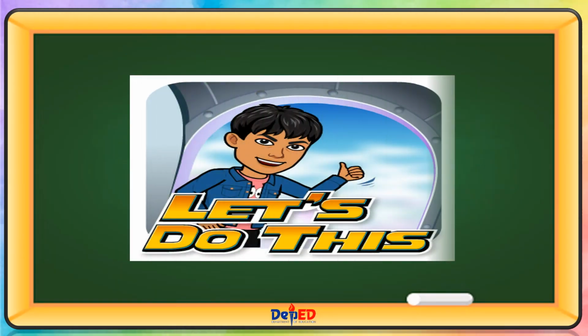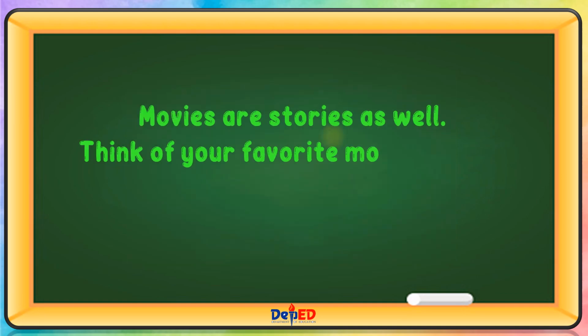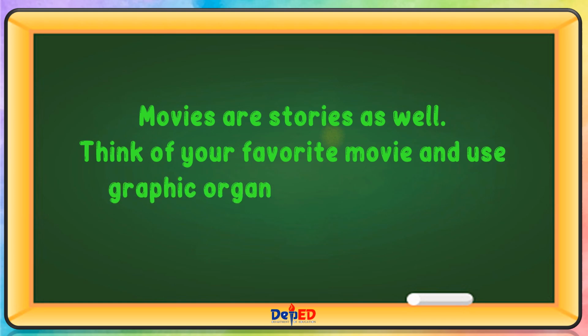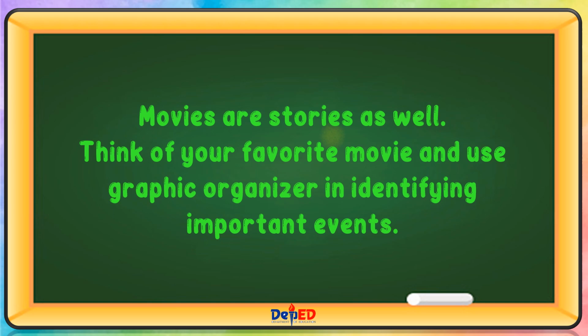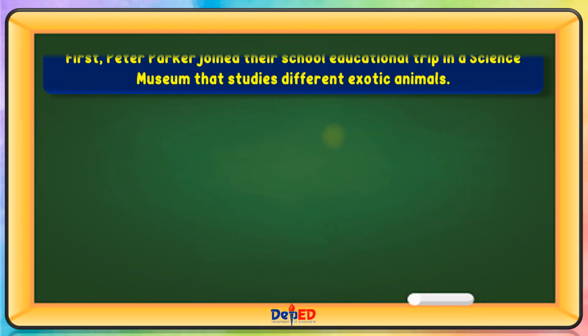Let's do this. Movies are stories as well. Think of your favorite movie and use a graphic organizer in identifying important events. First, Peter Parker joined their school educational trip in a science museum that studies different exotic animals.